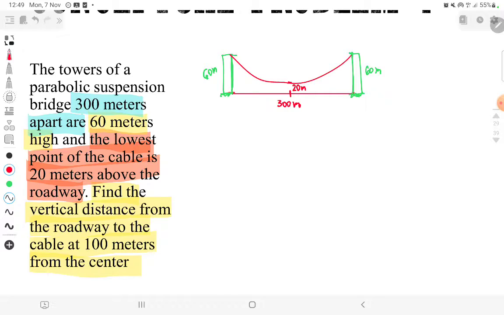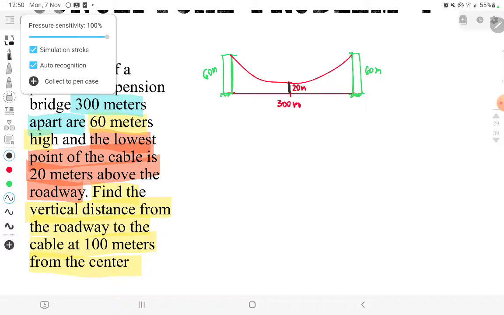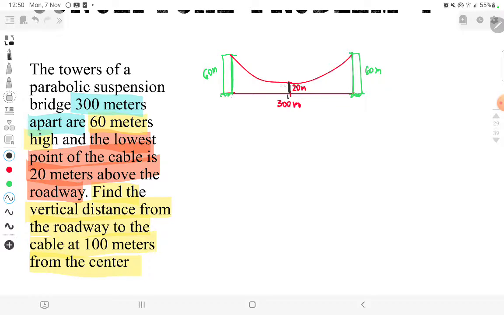Take note that the sag will occur at 150 meters between them. Why? Because it is equal length, so it is expected that it will occur at the half side of our bridge.